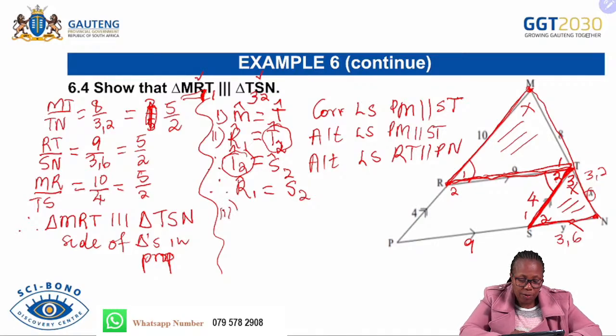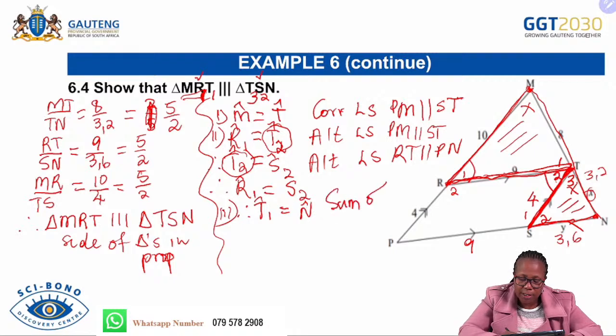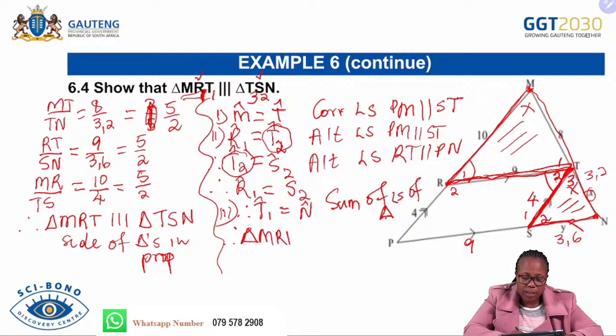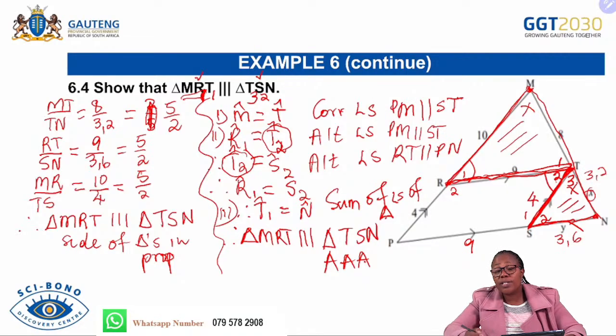For number 3, we don't even check what is happening. Therefore, we can conclude that T1 is also equal to angle N, sum of angles of a triangle or the remaining angles of a triangle. So triangle MRT is also similar to triangle TSN, applying angle-angle-angle for the alternative solution there.